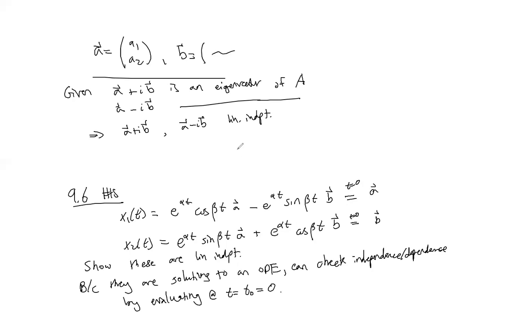It's interesting because it's easier to show independence when you don't have cosines and sines, when you just have e to a complex exponential. So it might be easier to take certain multiples of x1 and x2. I don't know. In any case, let's see if we can try to figure this out.